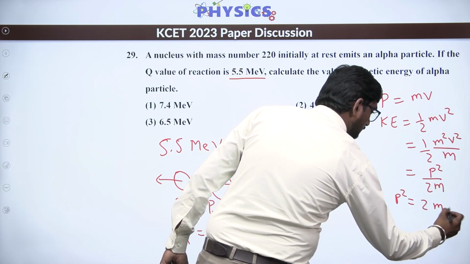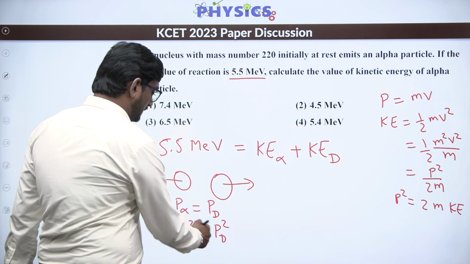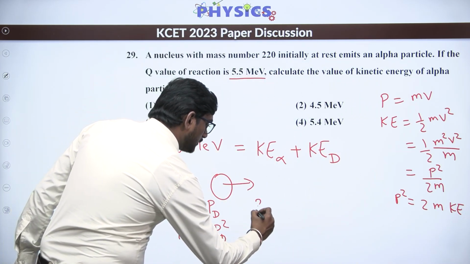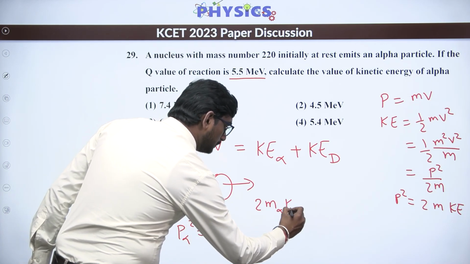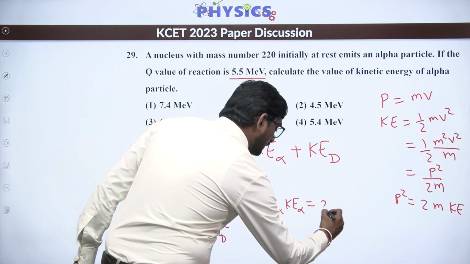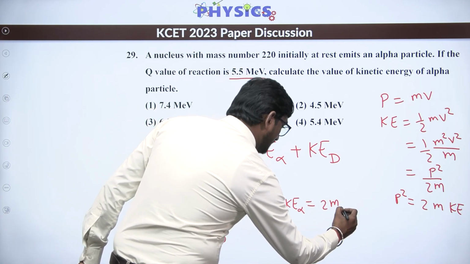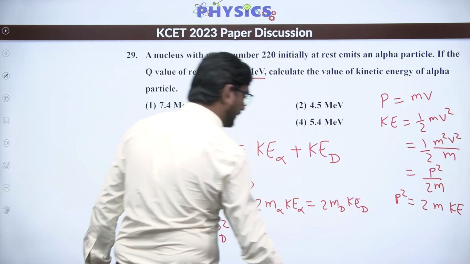2 times of mass into kinetic energy, right? So we can say over here in this case that 2 times the mass of the alpha particle multiplied by the kinetic energy of the alpha particle would be equal to 2 times the mass of the decayed particle multiplied by the kinetic energy of the decayed particle.